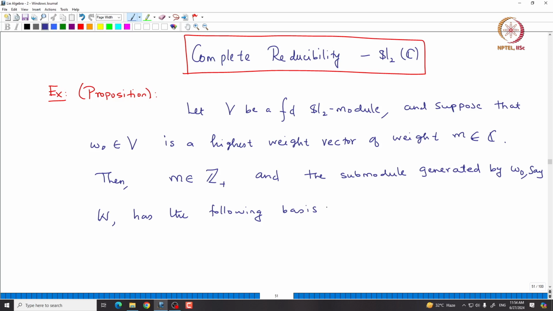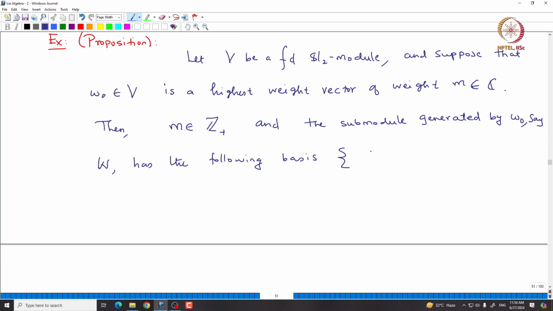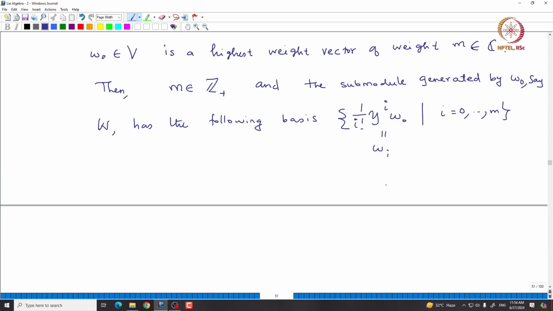The basis is given by y power i W naught, 1 divided by i factorial, where i ranges from 0 to m. If you call this Wi, then we have the following formulas.